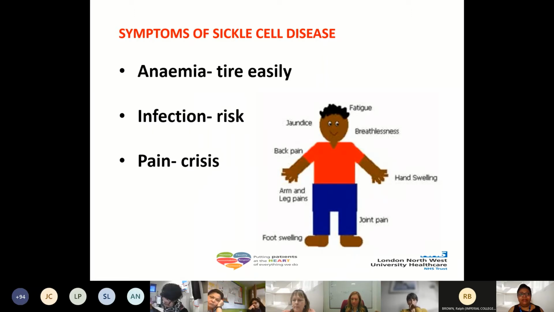If you're somebody that doesn't have sickle cell and you're a bit anemic, you go to your GP. The GP will prescribe iron medication. After 3 months, you're fine and well. Somebody with sickle cell has a lifelong, continuous, chronic anemia, and they have to deal with it lifelong.